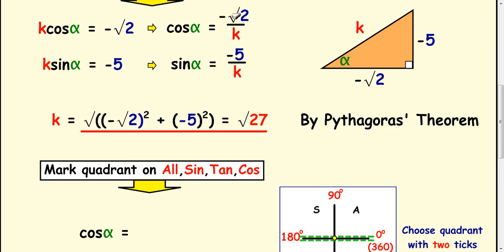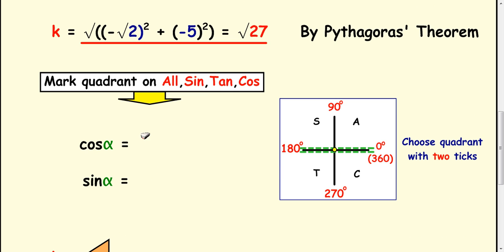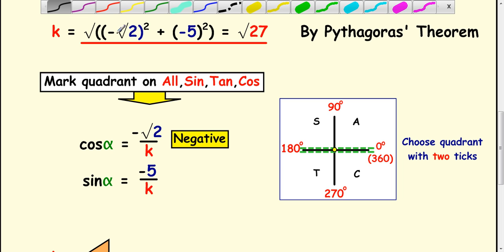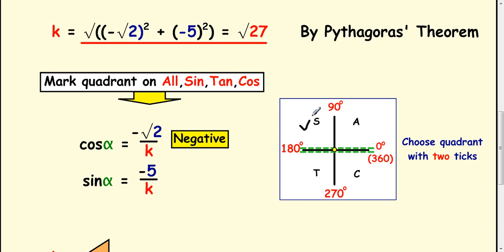So I'm just going to again copy these two examples down here to do the angle part, or the alpha part. We look to see that the cos is negative here, and we tick what quadrants cosine is negative in. So that would be here and here. We also see that sine alpha is negative 5 over k.